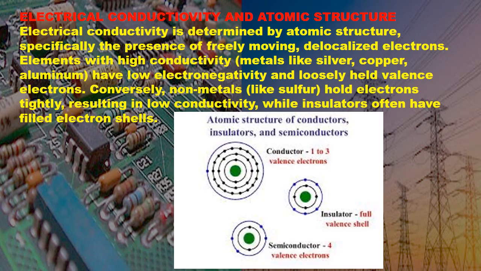Okay, so elements with high conductivity, like metals such as silver, copper, aluminum, have low electronegativity and loosely held valence electrons.